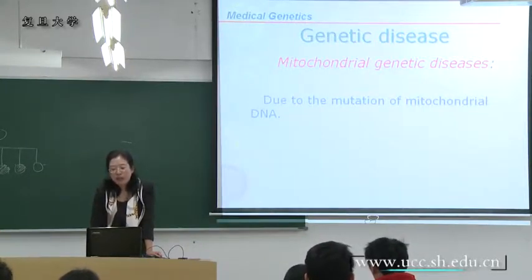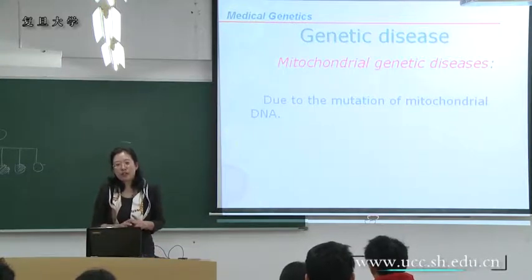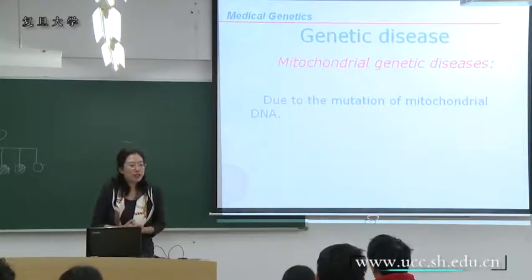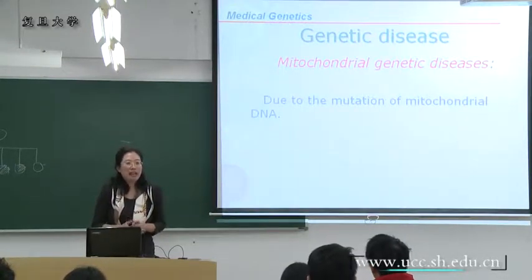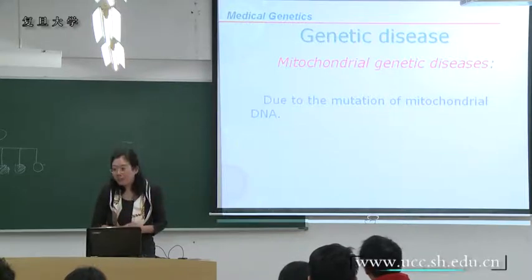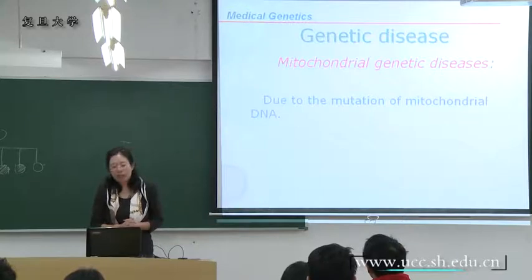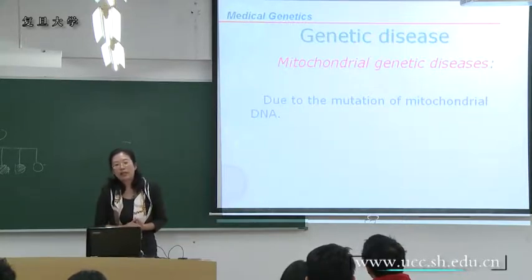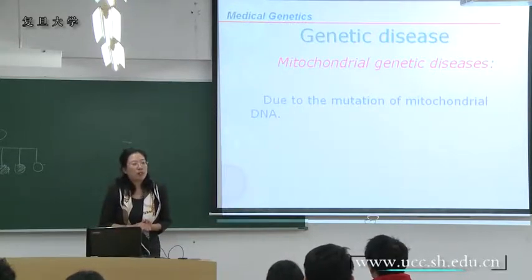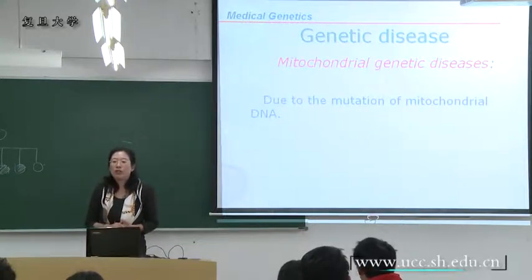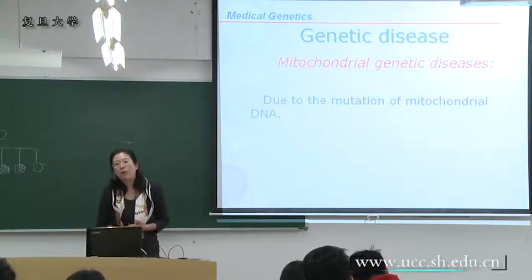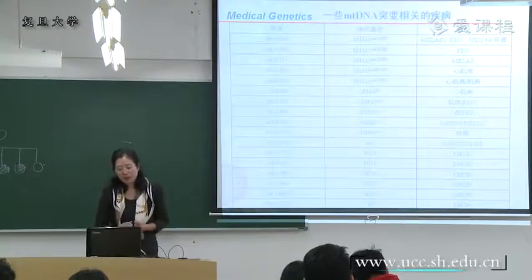So mitochondria is a special structure in the cell, has DNA and RNA, and can finish replication and transcription and produce protein itself. Because mitochondria has its own DNA, we call it mtDNA. So mutation can also happen on mtDNA and disease appears.